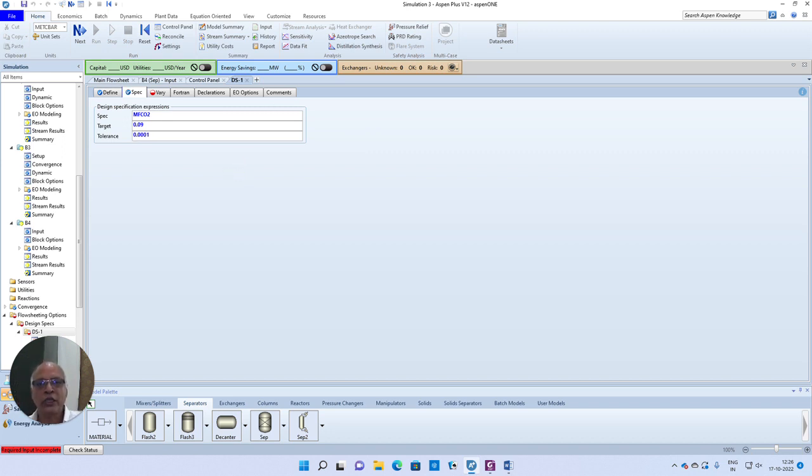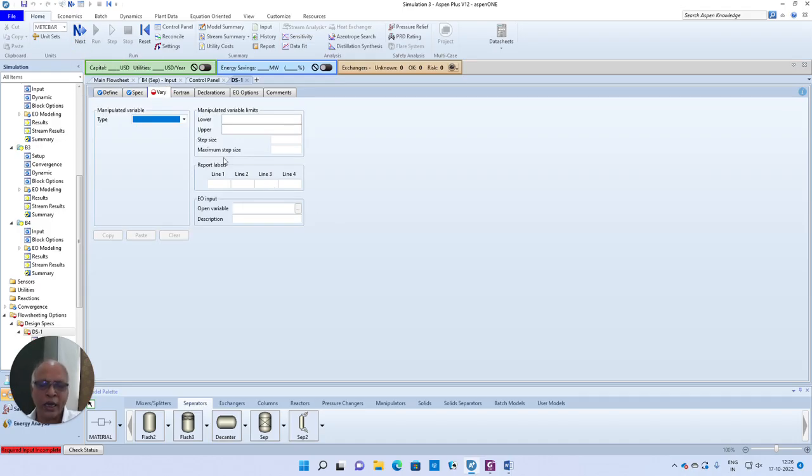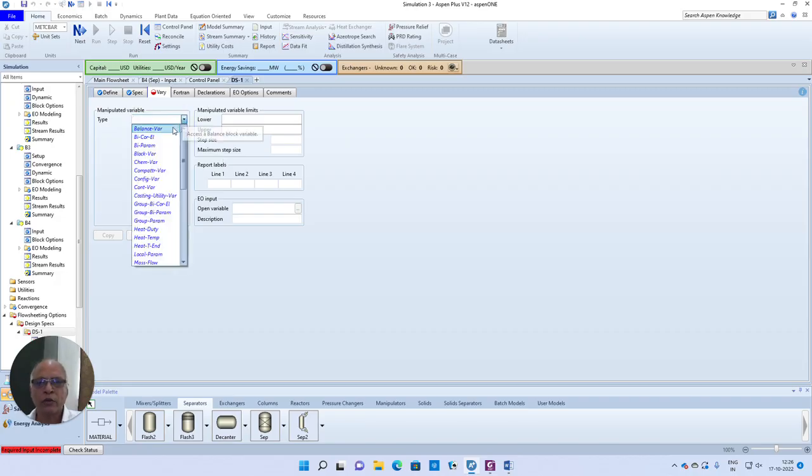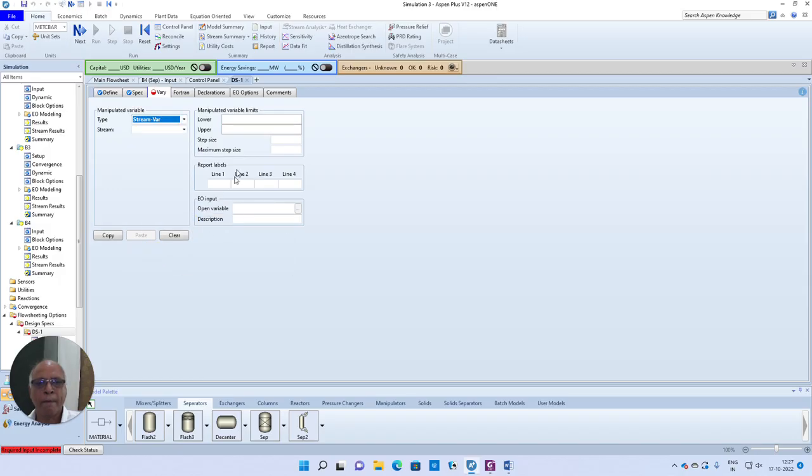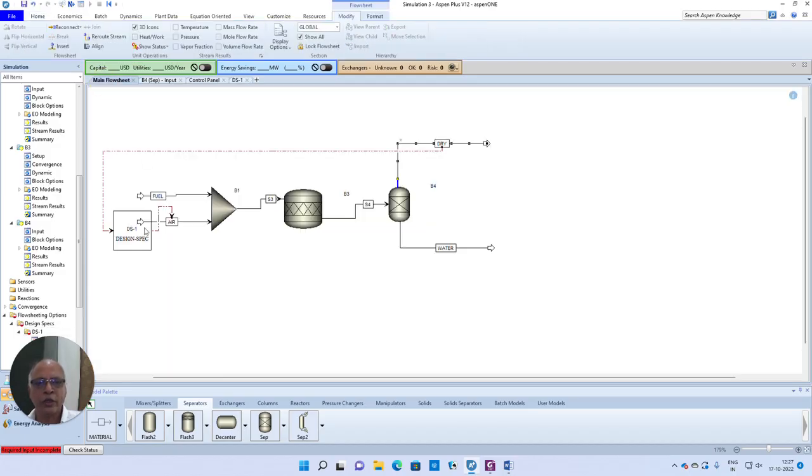So how are we going to achieve this? By varying the air flow rate. We started with an initial assumption for the air flow rate at some 3000 or so. So let us take this as a stream variable. Stream is air, variable is mole flow. Remember what is the value that we have started with?